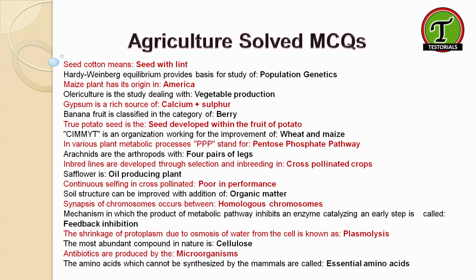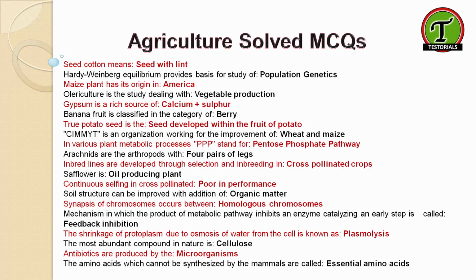93. Continuous selfing in cross-pollinated crops results in poor performance. 94. Soil structure can be improved with the addition of organic matter. 95. Synapsis of chromosomes occurs between homologous chromosomes. 96.